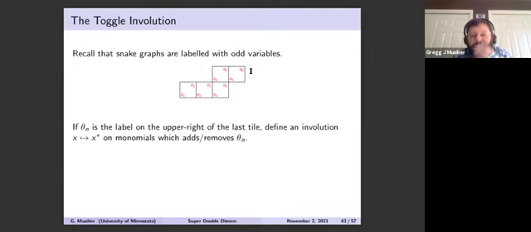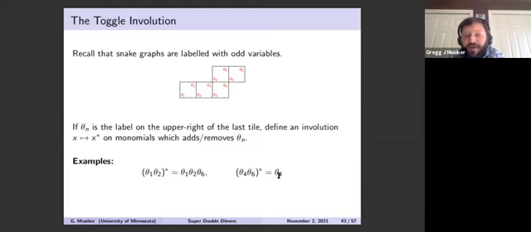We want to toggle a monomial by adding or removing that. That will turn an even superelement into an odd superelement because it adds or decreases the number of odd elements by exactly 1. So for instance, the toggle of theta 1, theta 2 will be a product of 3 elements, but the toggle of theta 4, theta 6 would just be a single element.